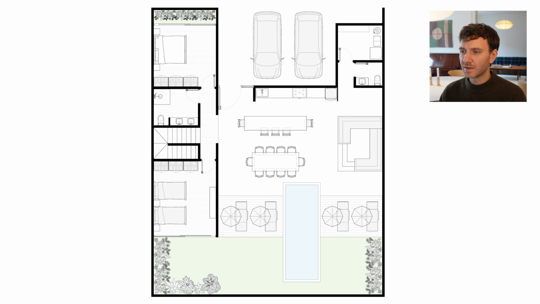And then if we flip where the hallway is, we can extend this kitchen all the way down this wall. So we have a nice hallway reveal in the corner of this open space.